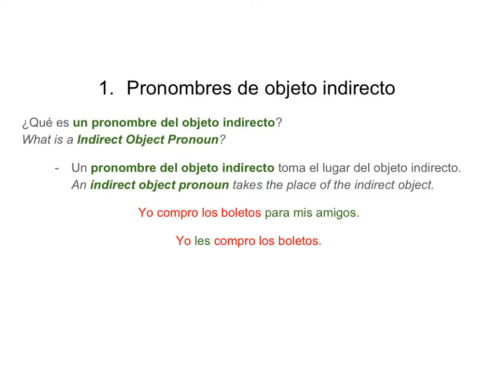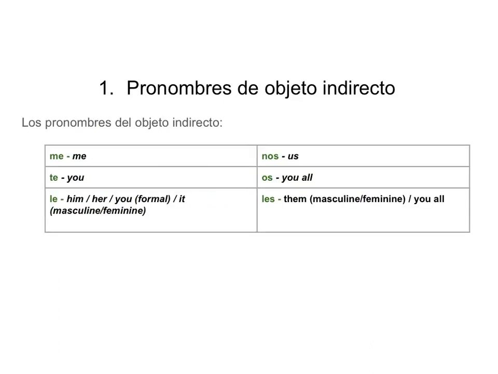So our second sentence, yo les compro los boletos, means I buy the tickets for them. Notice that para mis amigos disappears. When we use a pronoun, it takes the place of our indirect object. So that means that we can't have both of them in the same sentence. It's one or the other.